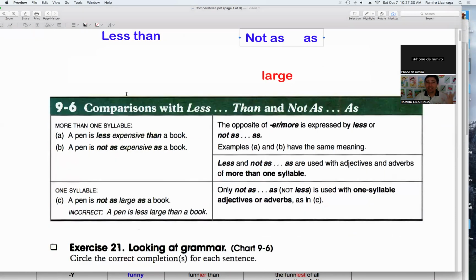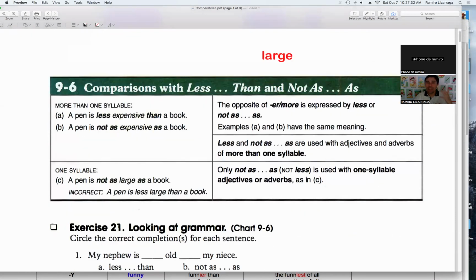Let's take a look at these examples. They have the same meaning. A pen is less expensive than a book. A pen is not as expensive as a book. These two sentences mean the same. They have the same idea, okay?